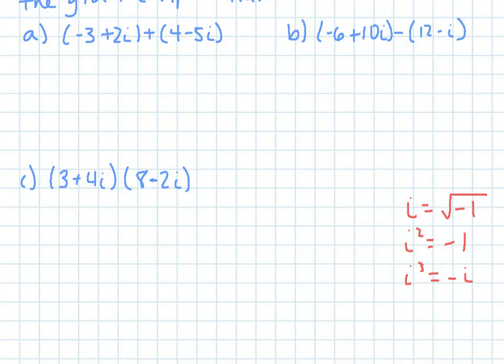And then i to the fourth is 1, because it's like negative 1 squared. The one that you really want to remember is i squared is negative 1, and just know that i is equal to the square root of negative 1. The other two won't really show up very often, but it's nice to know.